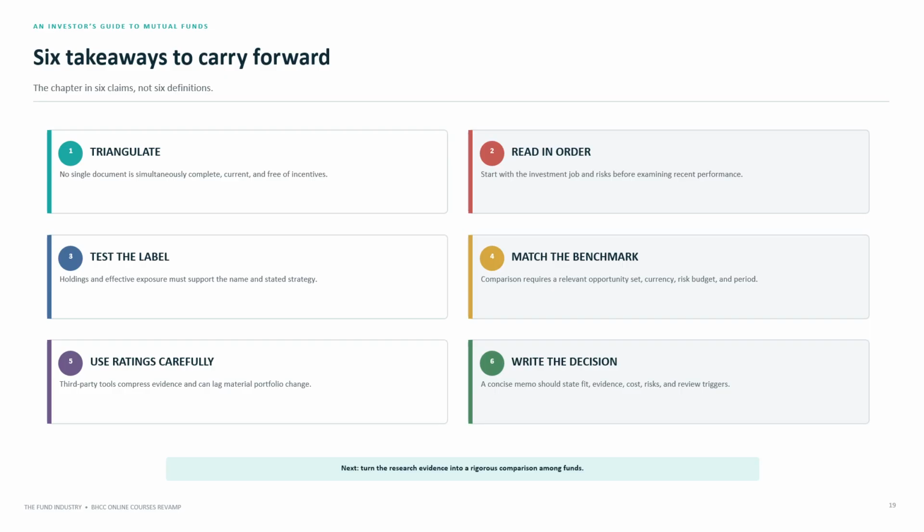They compress evidence and can lag a material portfolio change. Sixth, write the decision. A concise memo should state why the fund fits, what evidence supports the choice, what it costs, what can go wrong, and what would trigger review. A useful research memo should survive contact with a bad quarter. Next, we will use this evidence to compare funds rigorously rather than simply ranking last year's winners.